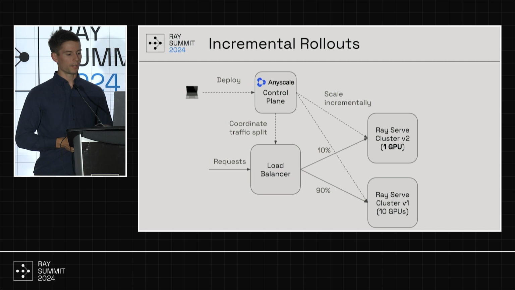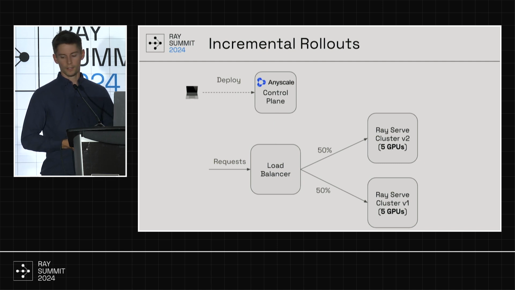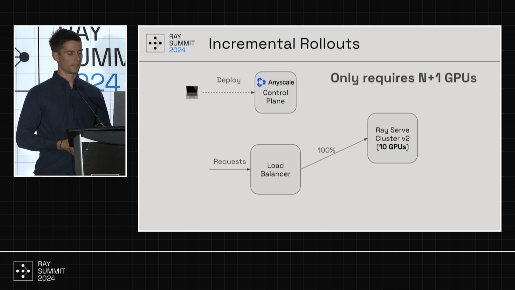And in that way, what we can do is incrementally scale up. So for example, we would eventually reach a 50-50 split, and each cluster is about half the size. And then the new cluster would be approaching the full size. And then finally, we would be able to finish the rollout, and this entire process would only have required n plus 1 GPUs.